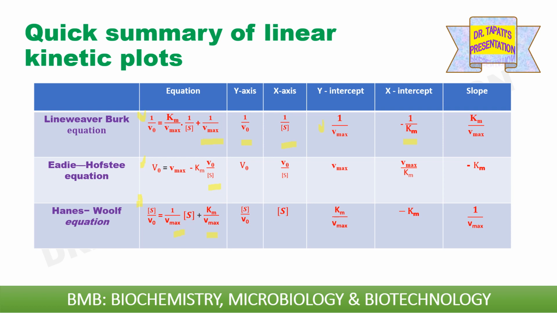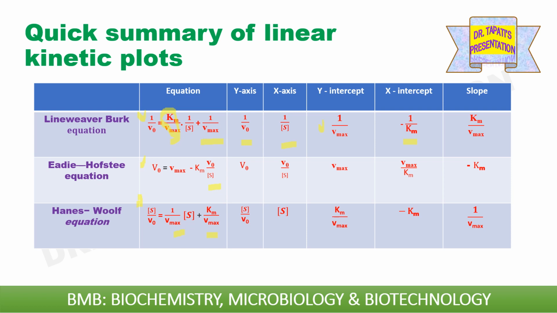If you can get this value from m value, this slope value also. If you put slope is equal to Km by Vmax, that is y by x value, and here y value is 1 by Vmax, then you can get x value which is minus 1 by Km, although the minus value is because we are extrapolating the graph, and therefore x-intercept is minus 1 by Km.